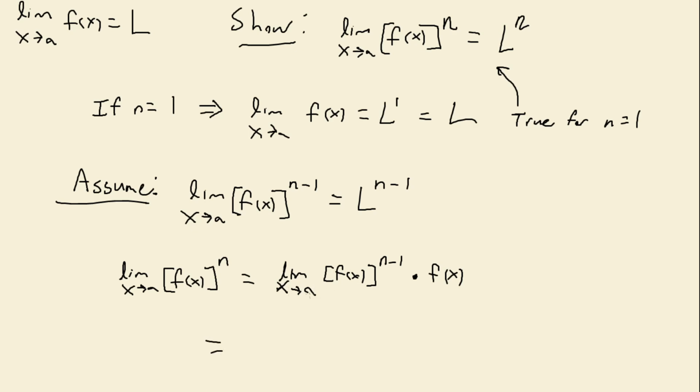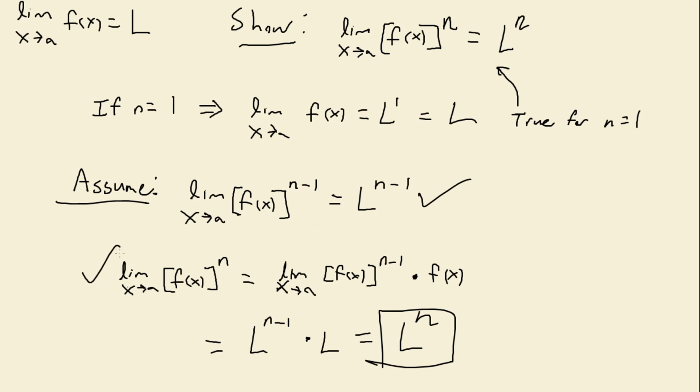We are assuming that the limit of this is just equal to L to the power of n minus 1, and we know that the limit of this is just L, and so this will give us L to the power of n. And so if we're assuming that this is true for n minus 1, and we prove that it's true for n, given that n minus 1 is the case, then all we need to do is prove that this is true for one value of n, that being n equals 1.